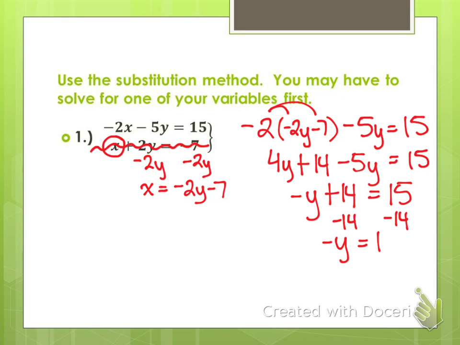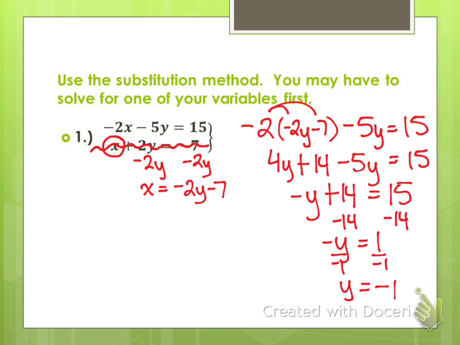No. What else do I have to do? Divide by -1. So y equals -1. Am I done with this problem now? No. What do I still need to find? X. We need both x and y.